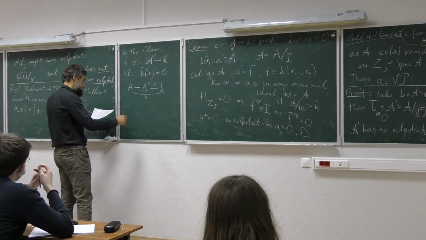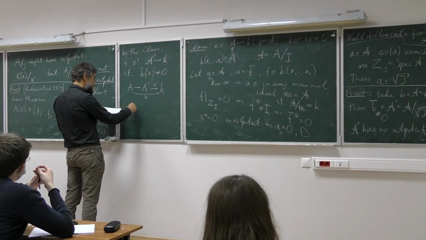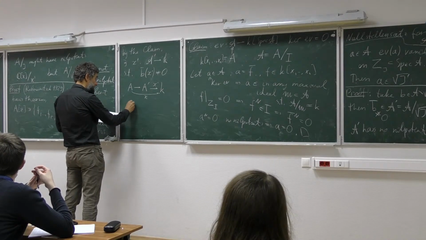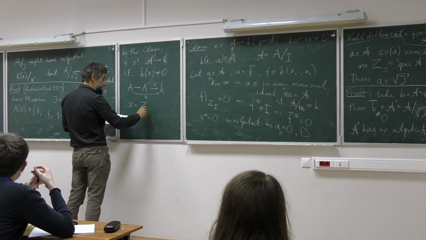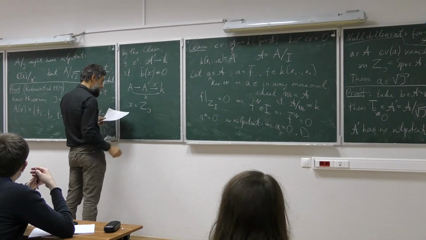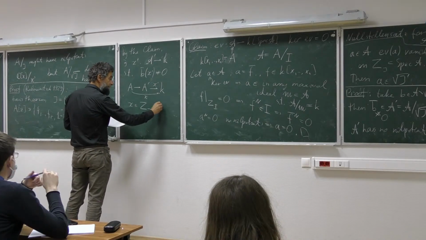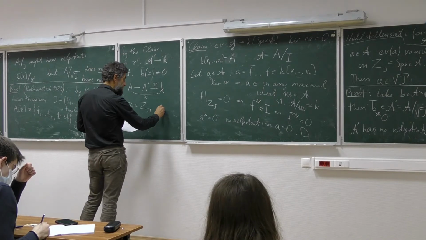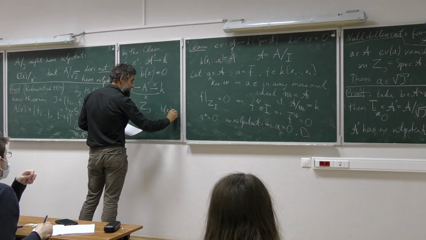Then x lies in the zero set of this ideal on the one hand. On the other hand, b of x is not zero.